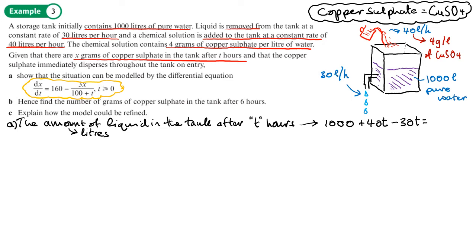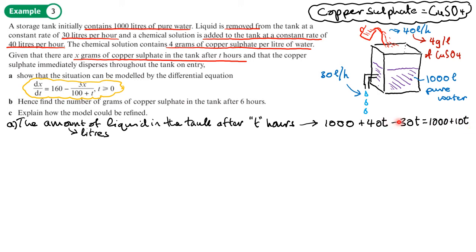So overall, we're going to have 1,000 plus 10t litres in the tank after T hours. So you can see that every hour you're going to get an increase of 10 litres. So we'll start with 1,000 litres. After an hour there'll be 1,010, 2 hours 1,020, and so on.